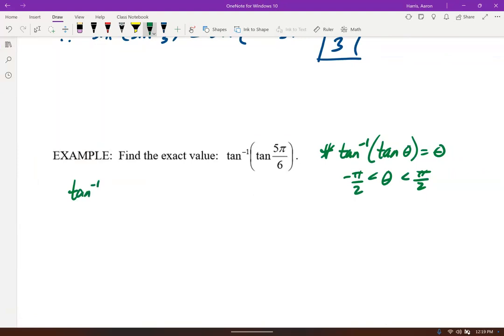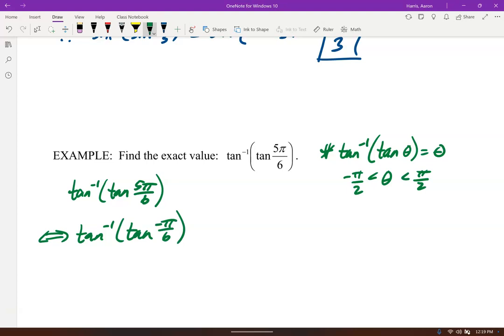So the arctangent of the tangent of 5 pi 6 is the same as the arctangent of the tangent of negative pi 6. So we end up with negative pi 6 as our answer. Again, note those ones that have caveats. You've got to be careful with those when they're outside the intervals of interest.